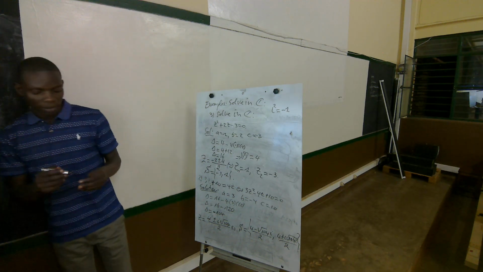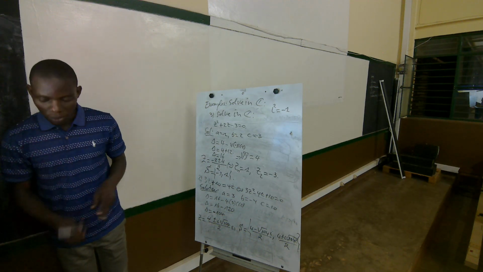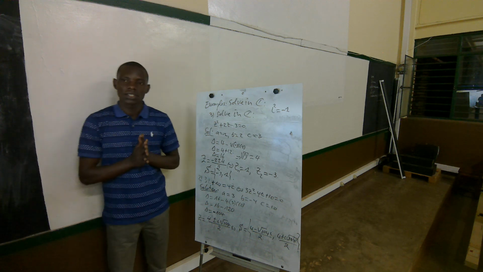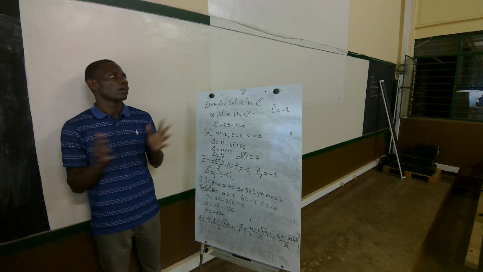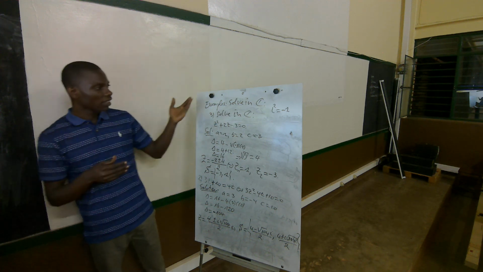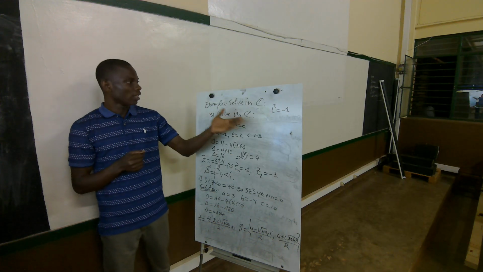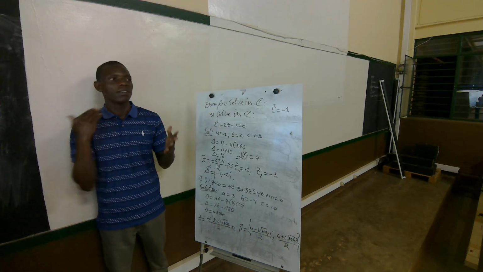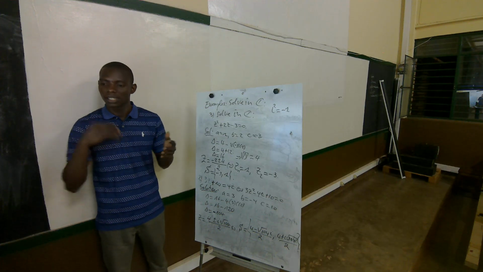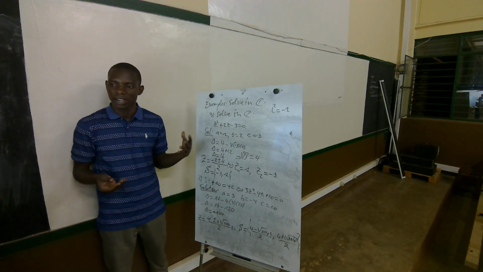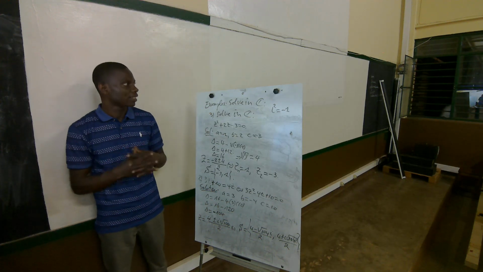Now those are the samples of equations we use to solve in any set of the complex numbers. It is not only the quadratic equation, even in the cubic, even in the power 4, even in the power 5, even in the power 6, even in the power 10.